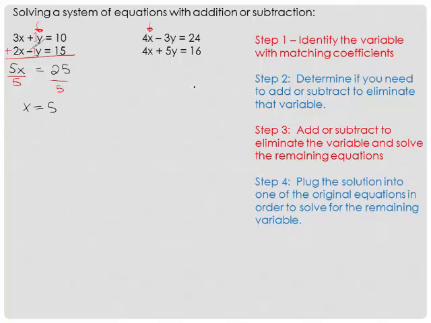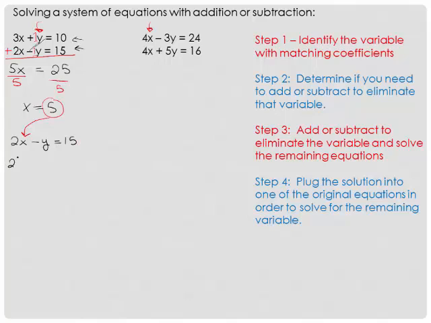Once I've solved this, I plug that solution into one of the original equations, here or here, and I solve for the remaining variable. I can choose either one. I can do 2x minus y or 3x plus y. I'm going to go ahead and use 2x minus y just because it's smaller. I take this solution, x is 5, and I plug this 5 in for that x.